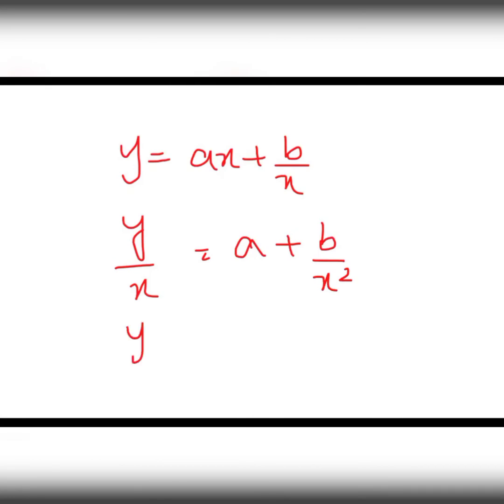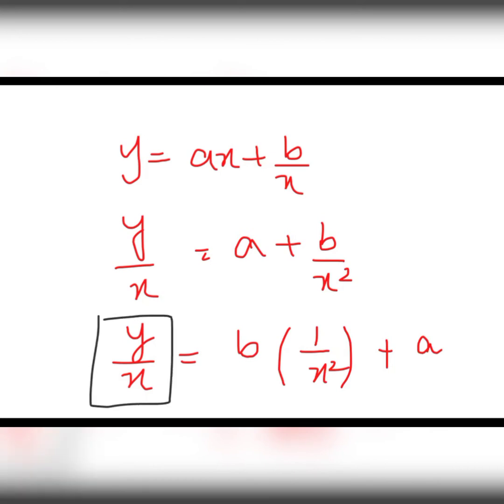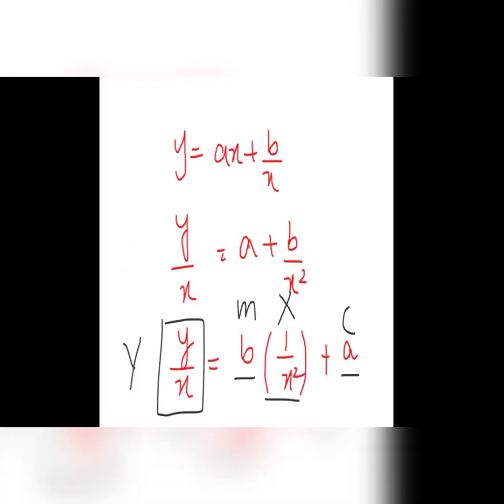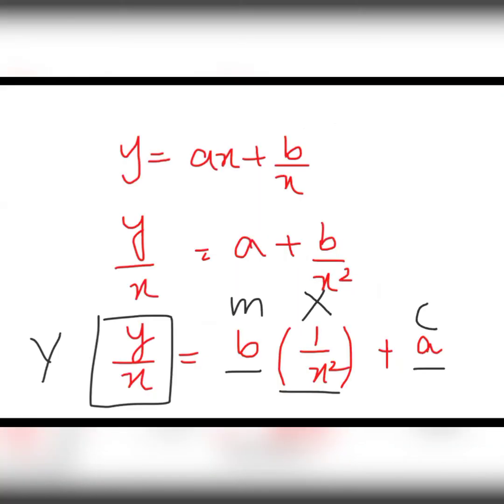So now if we write it in the form y is equal to mx plus c, it's y upon x is equal to b into 1 upon x squared plus a. So this is in the linear form now. Capital Y becomes y upon x, m is b, capital X is 1 upon x squared, and c is a. So that's very simple. In this manner, we can convert non-linear graphs to linear graphs.